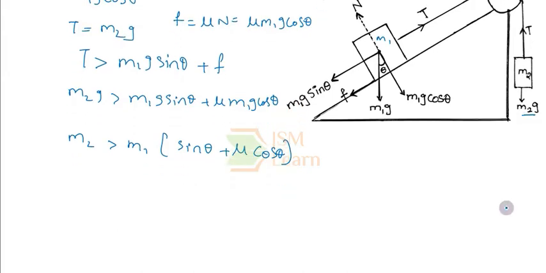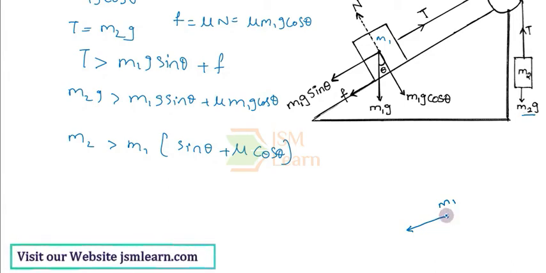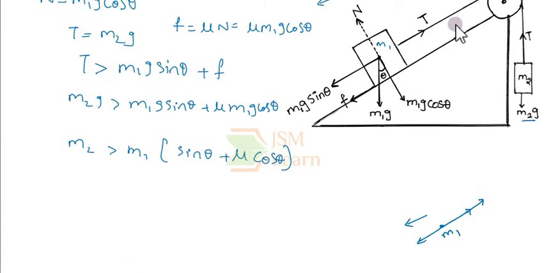Supposing that the block M1 is moving downward, as the direction of motion of the block is downwards, the frictional force will be generated in such a way as to oppose the motion of the block M1, that is, it will be generated upwards along the inclined plane.